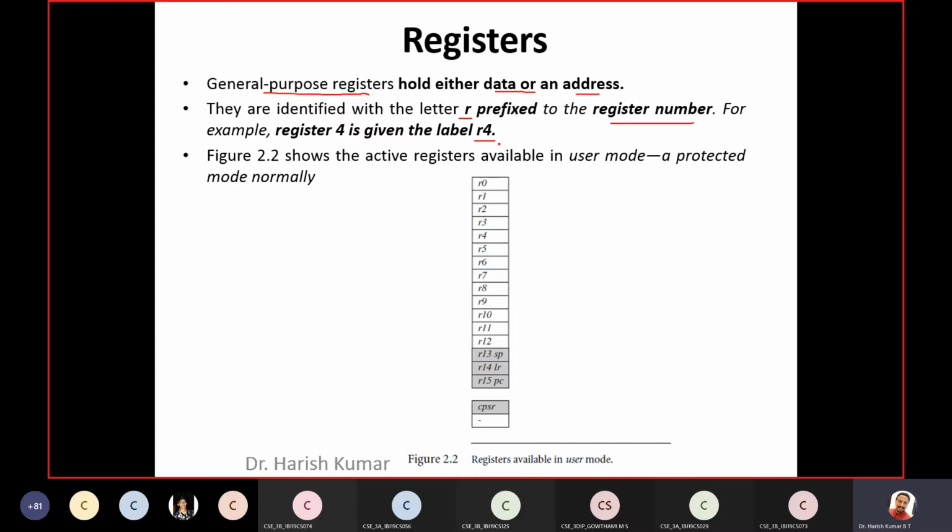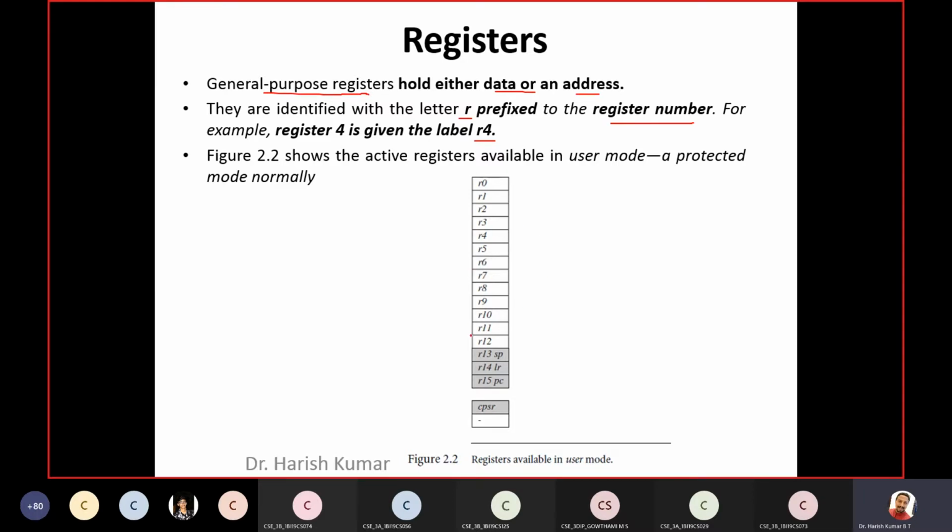We have already used them in the program. We wrote R1, R2, R3. The registers are labeled R0, R1, R2, R3, R4, R5, and so on.